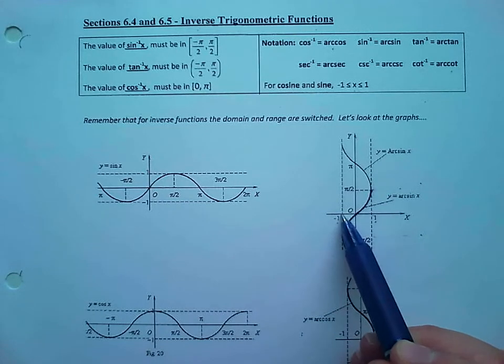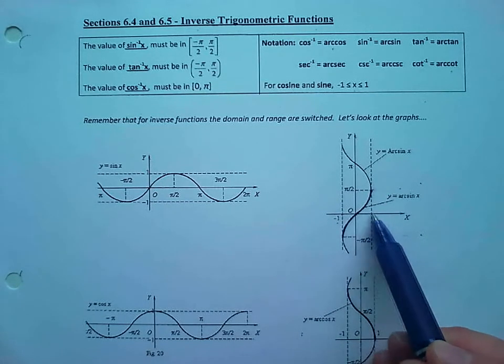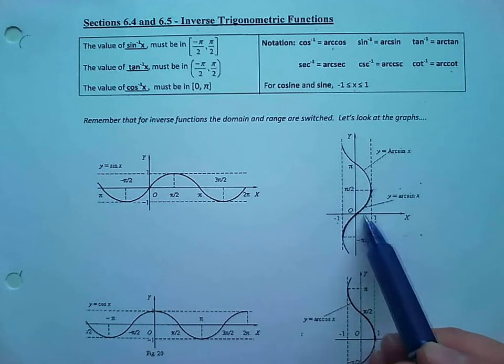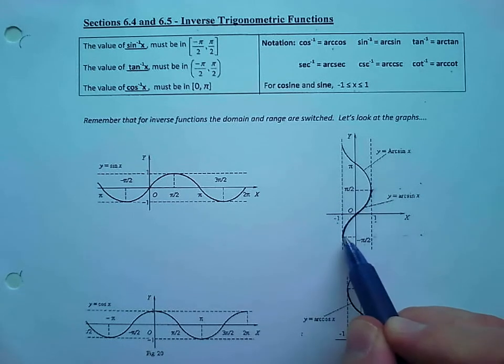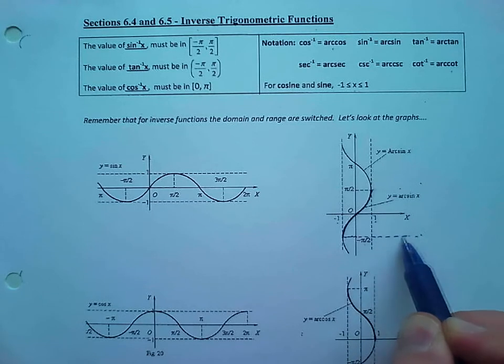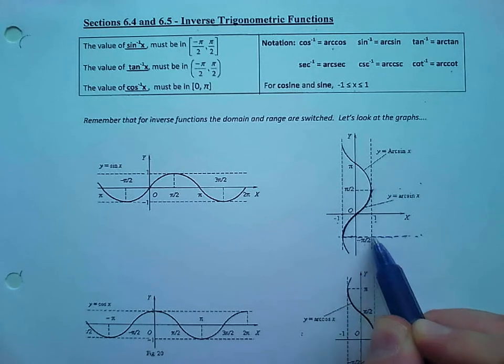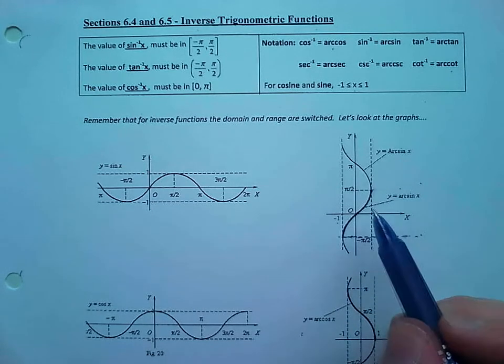However, if we restrict what we're plugging in for x to be between -1 and 1 on the x-axis, then our function is going to go from -1, down here. This would be our y value, or the value of the arc sine of x.